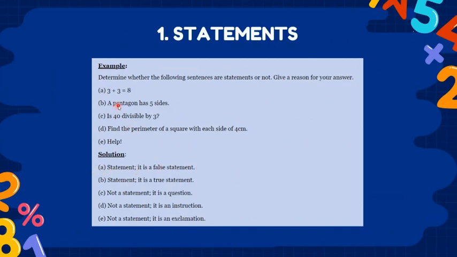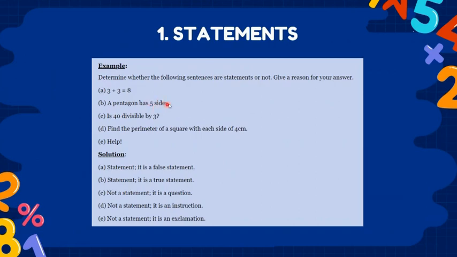Alright, question B is: a pentagon has 5 sides. Like the previous one, in order to determine whether it is a statement or not, we need to see whether this sentence has its own truth statement.